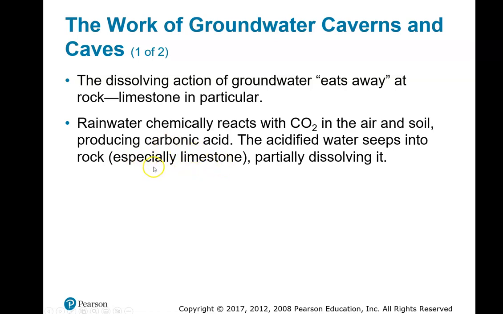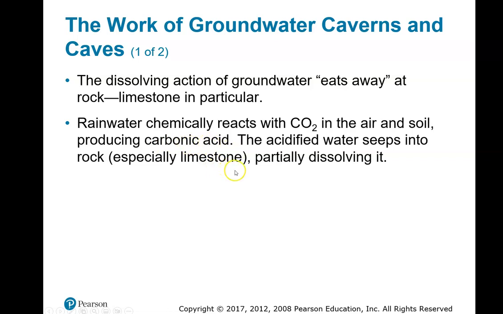It tends to dissolve the limestone much more than normal rainwater. Sometimes it's called acid rain, but it's really carbonic acid.